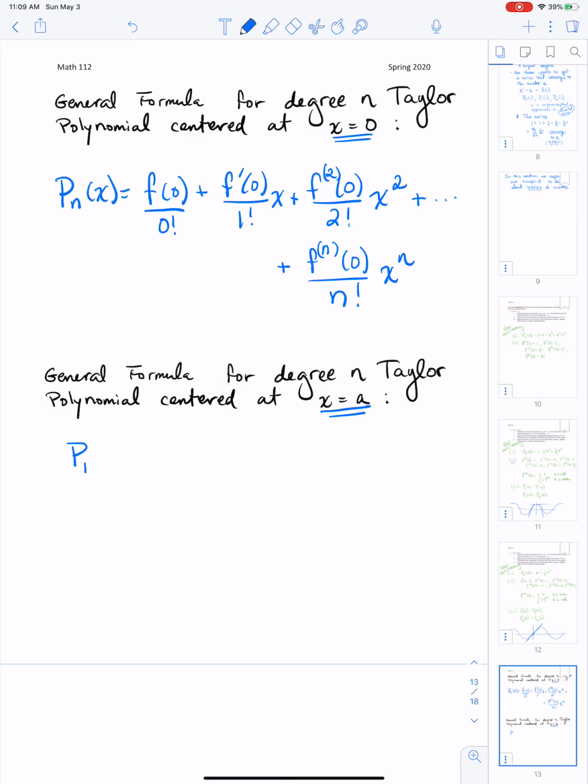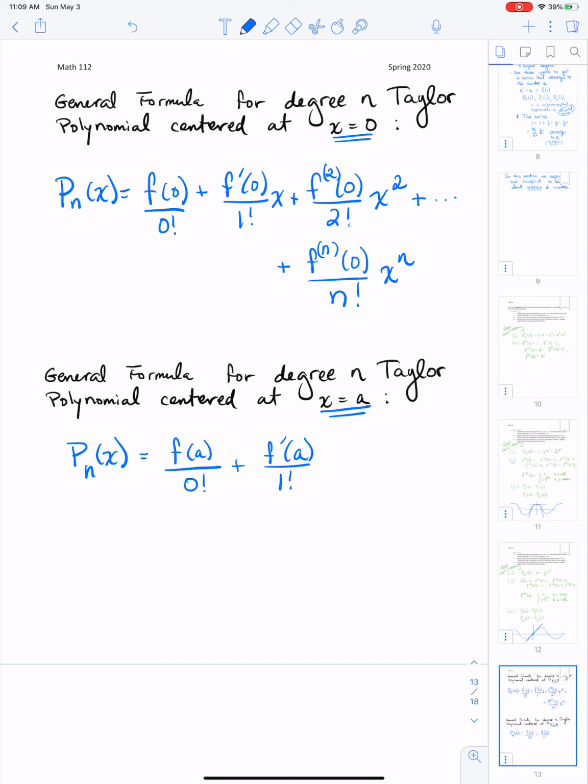So Pn of x centered at x equals a is just going to be f of a over 0 factorial plus f prime of a over 1 factorial.